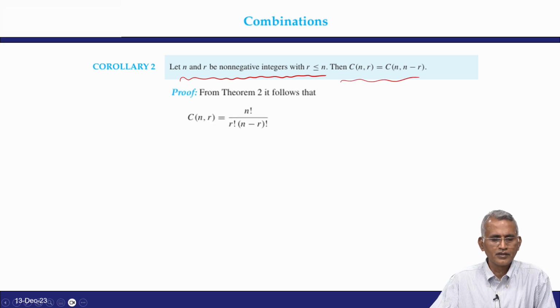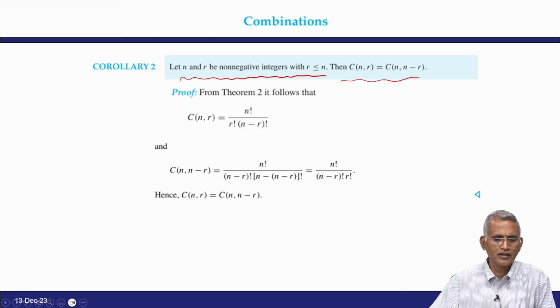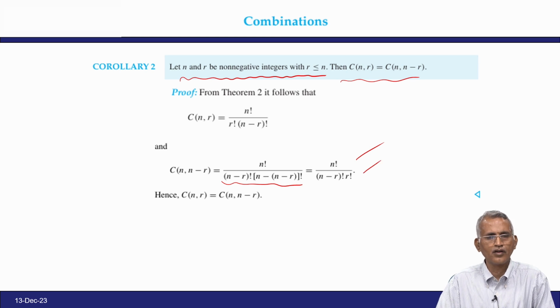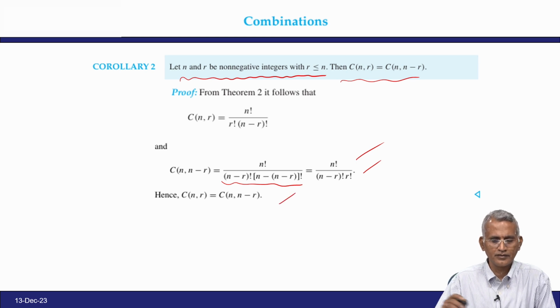The proof: from the theorem it follows that nCr equals n factorial by r factorial into (n minus r) factorial, and then nC(n minus r) is equal to n factorial by (n minus r) factorial into (n minus (n minus r)) factorial, which is equal to n factorial by (n minus r) factorial into r factorial. Hence, nCr equals nC(n minus r).